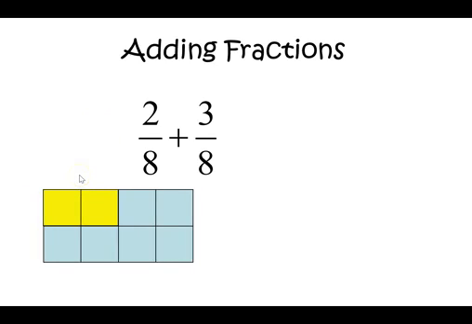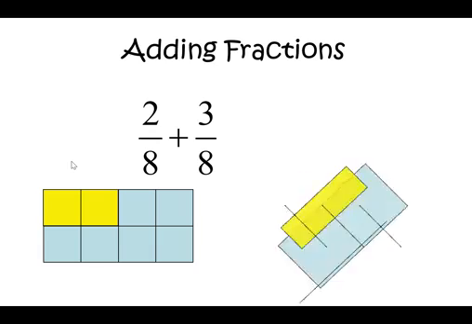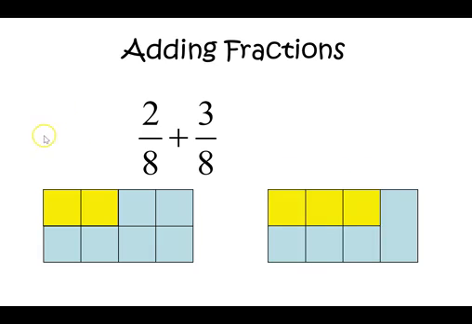Well, here's a picture of 2/8. Here's a picture of 3/8, and if we want to get the sum, we add them together. Let me put them together here. And I've got 2, 3, 4, 5/8. Bingo, bango, bongo.